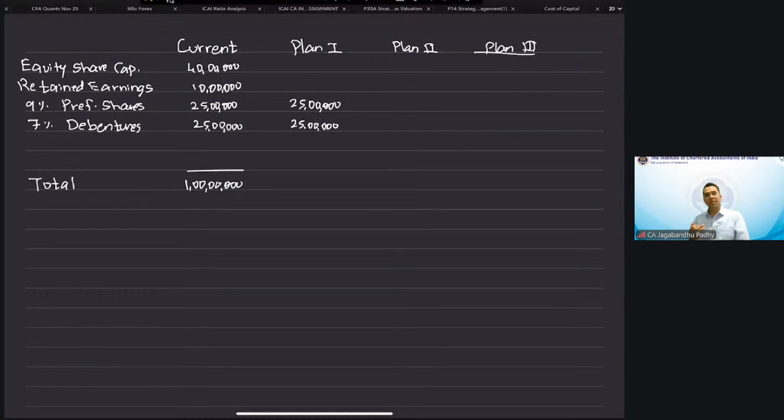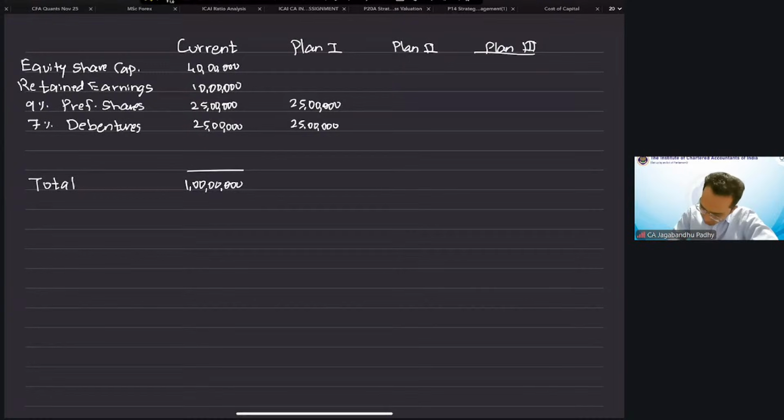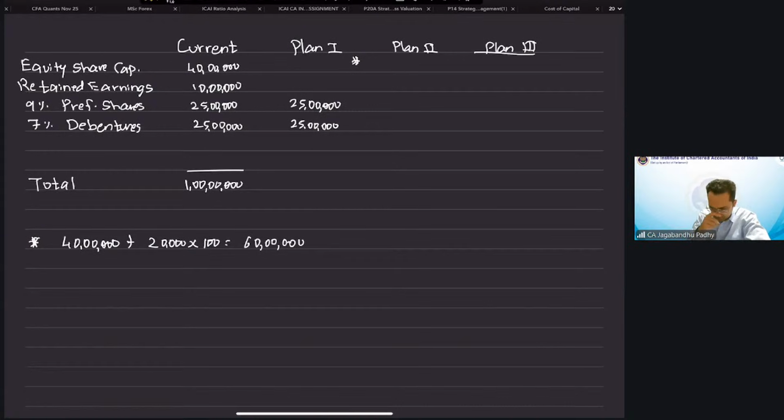But the equity share capital and the retained earnings are going to change. 20,000 equity shares at a premium of 25. So since 20,000 shares are issued, I'll just do the working over here. Share capital will be originally 40 lakh plus 20,000 shares of rupees 100 each, so share capital is going to be 60 lakh.